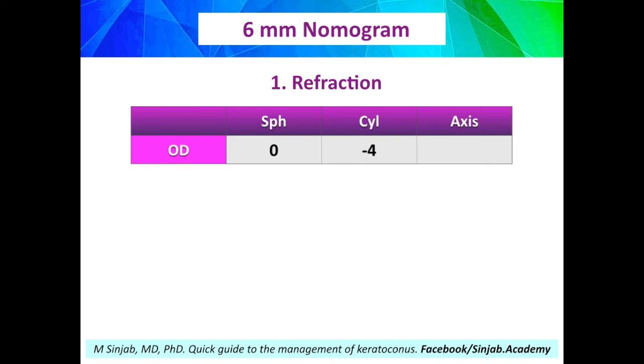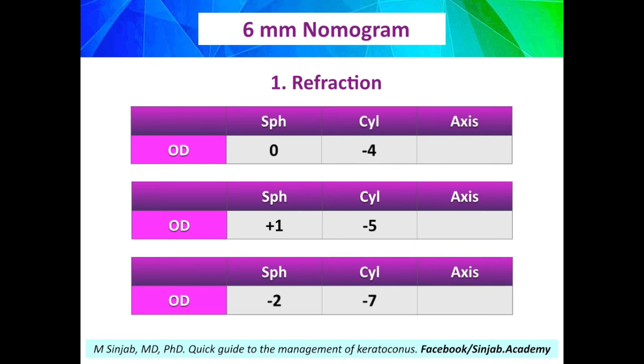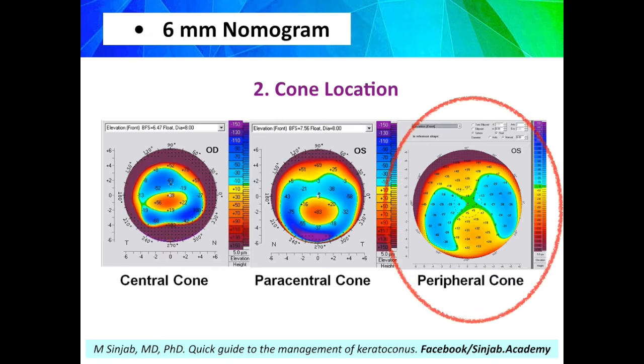When there is no spherical component and we have astigmatism, or the spherical component is in plus, or when we have low spherical component with high astigmatism, in these cases, the 6 mm type is indicated.